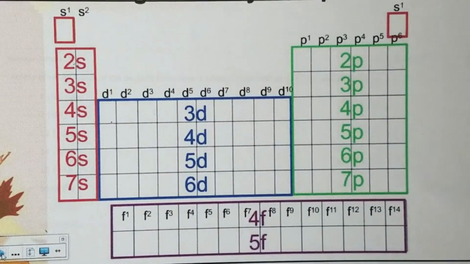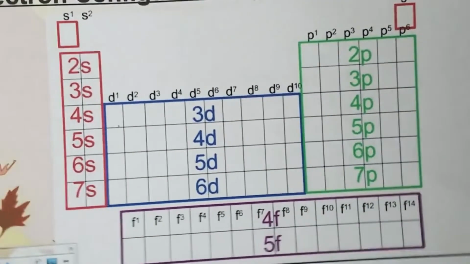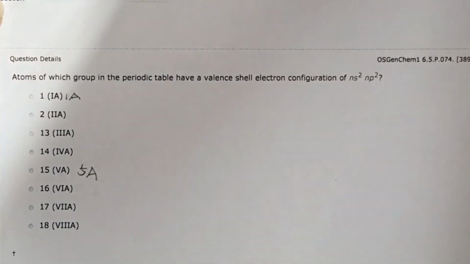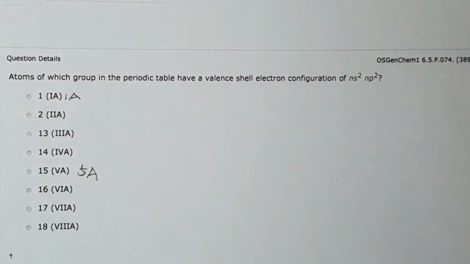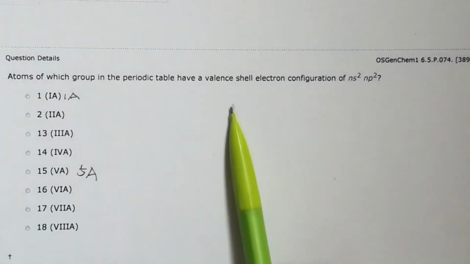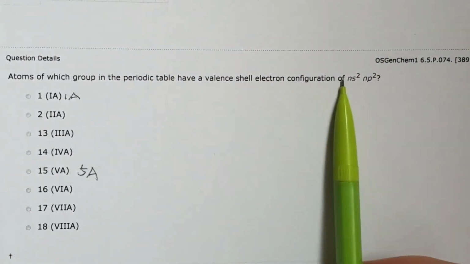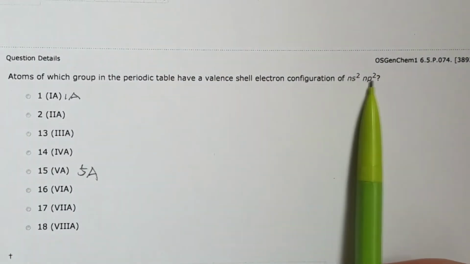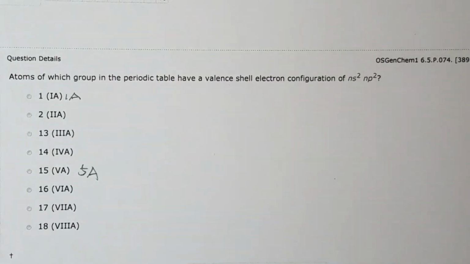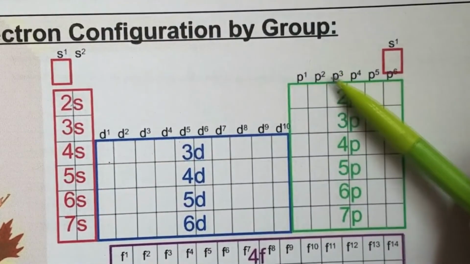Now go back to this question. After that review, I'm sure it was really helpful. Which group would have an electron configuration of ns2 and np2? We already talked about p2, that will be here.